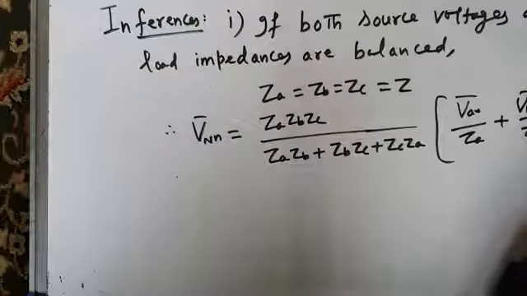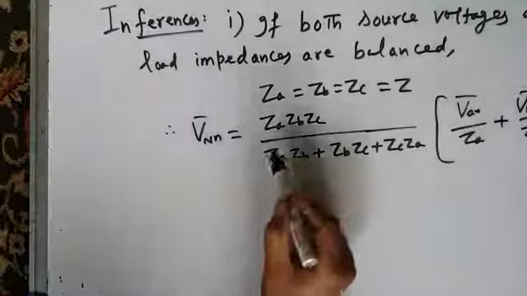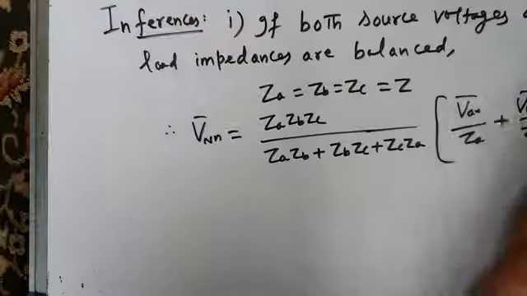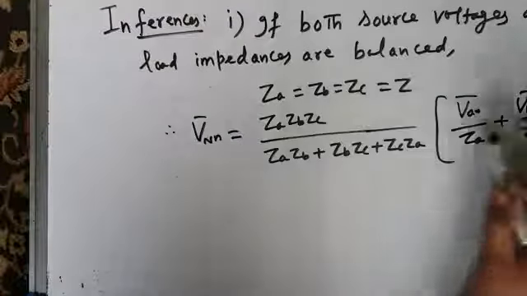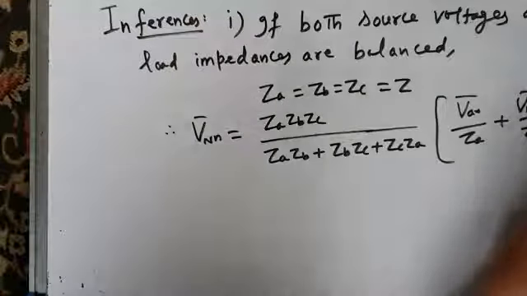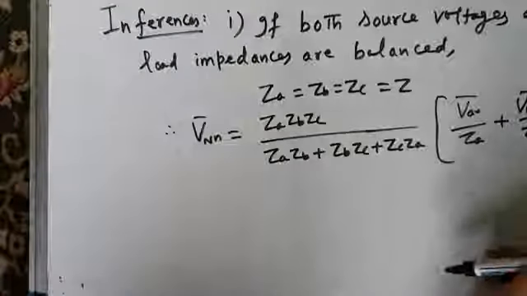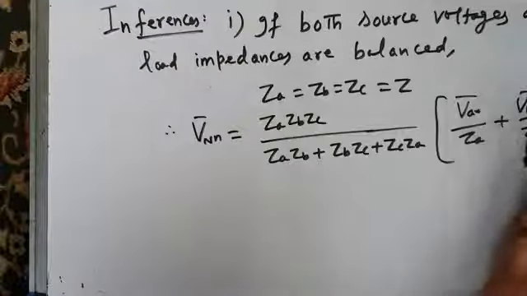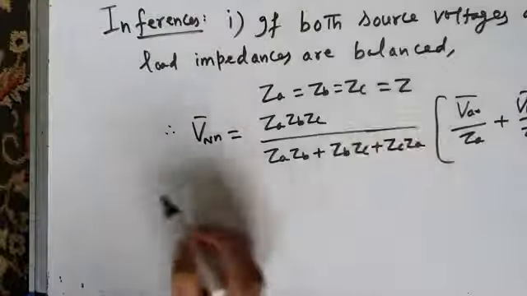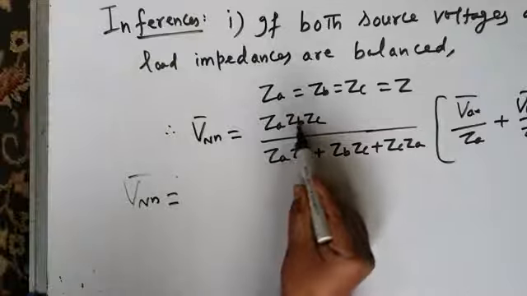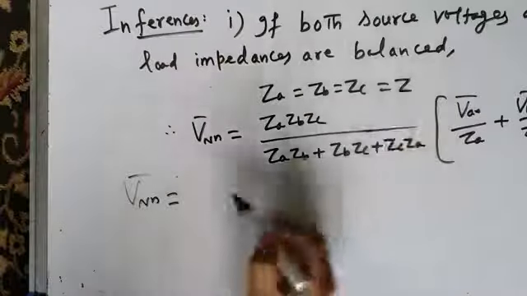Just a minute back, we derived this equation. So if source voltages are balanced, that is VAN, VBN, VCN have the same magnitude and a phase shift of plus minus 120 degrees, a balanced set of three-phase voltages. And if load impedances are also balanced, that is ZA equal to ZB equal to ZC equal to Z, then what will be the neutral to neutral voltage?